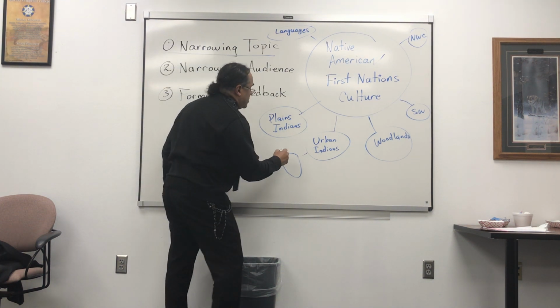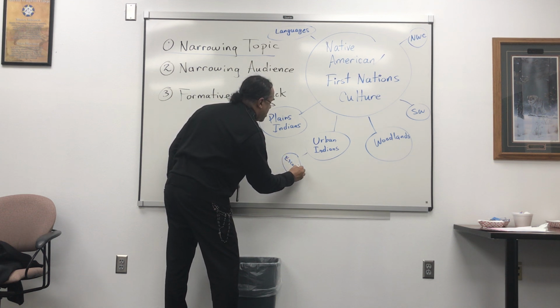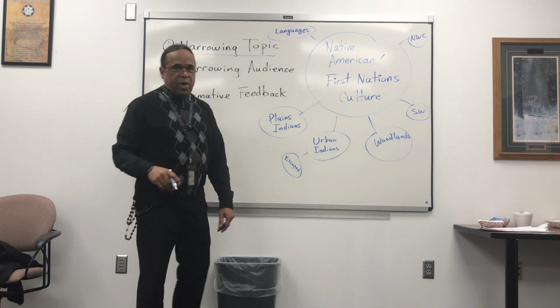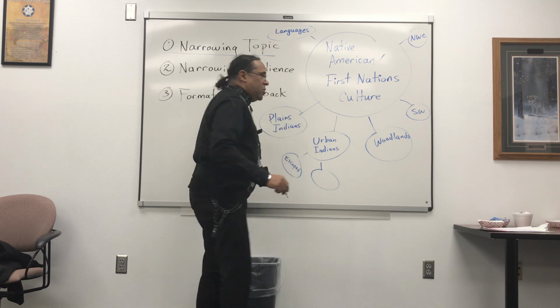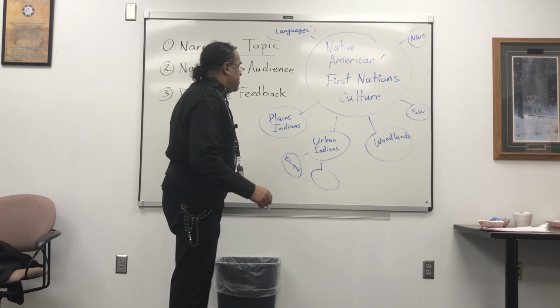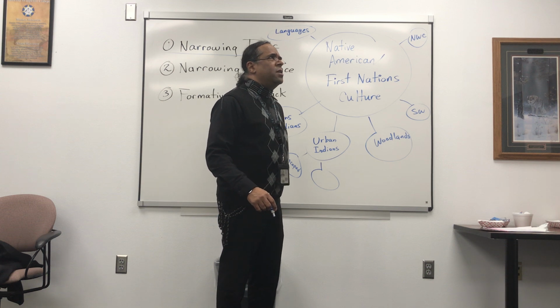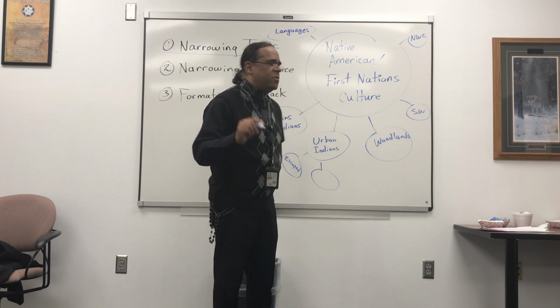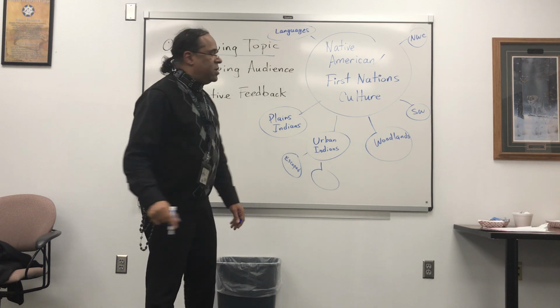Urban Indians. We want to talk about escaped tribes that moved to the city but somehow managed to retain their culture. We could talk about those who were moved away from the reservation. I forgot the name of that act. Native American Indian Reorganization Act. I can't remember. One of those acts of Congress that took Indians off the res and moved them to the city.